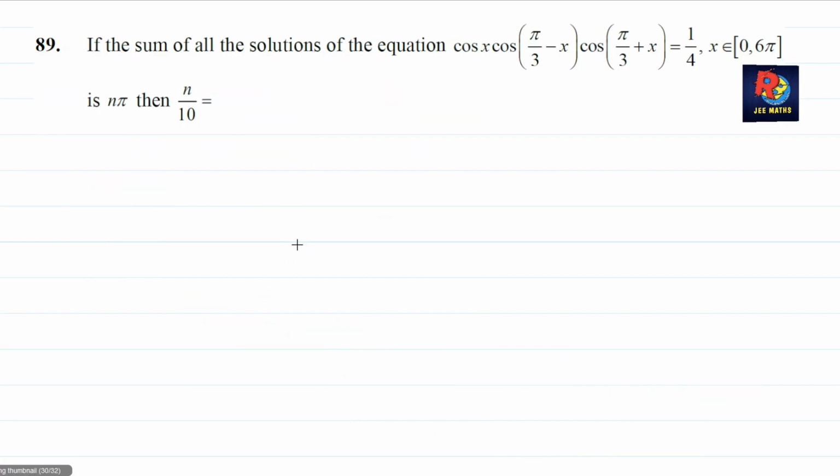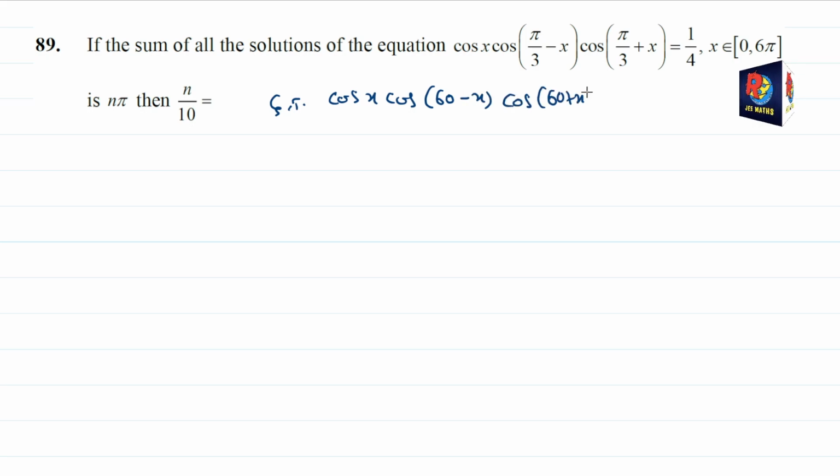Next. This question, given that cos x cos(60 - x) cos(60 + x) equals 1/4.